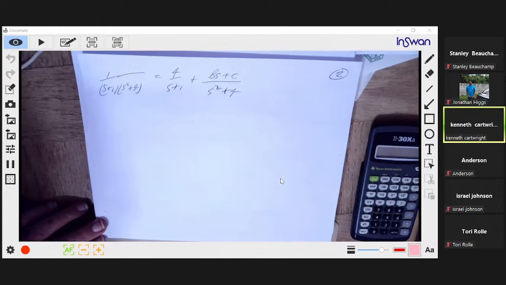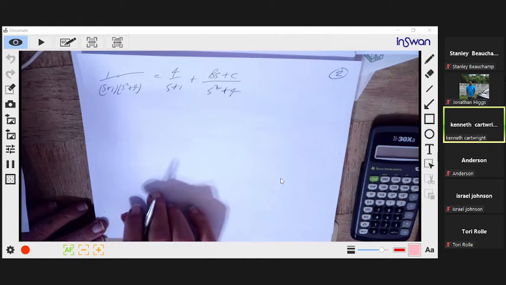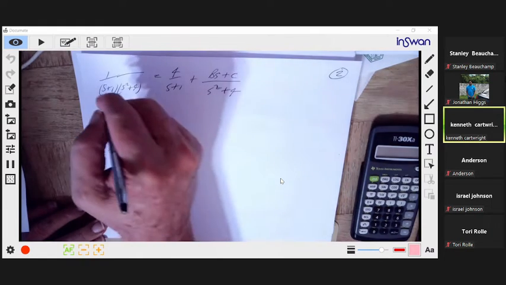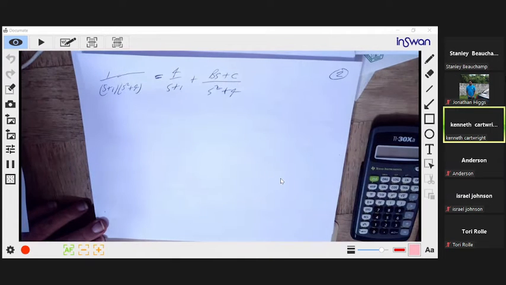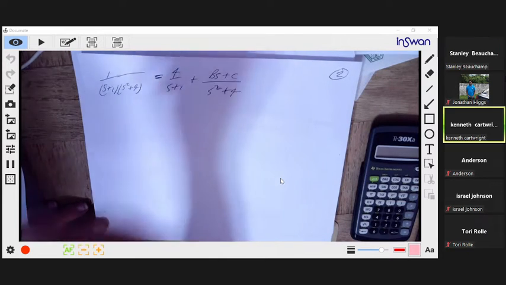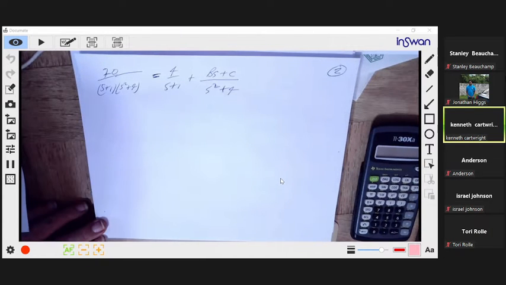So now how am I going to find B and C? Dr. Carter, is 20 supposed to be in the numerator? Yes, thank you. Good catch.